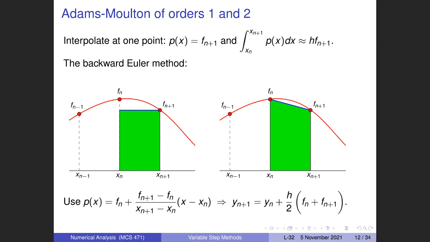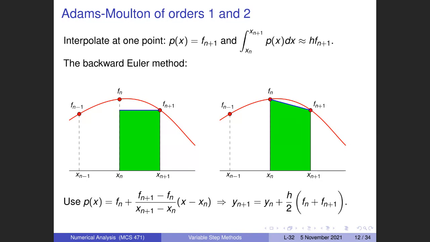If we have the forward rule to approximate integrals, and the backward one-point method to approximate definite integrals, that gives rise to the backward Euler method, which is the simplest example of an Adams-Moulton rule.